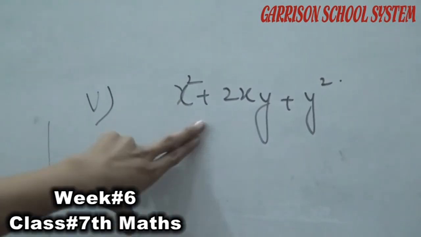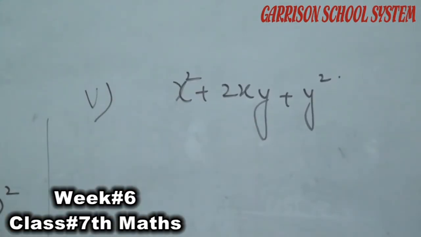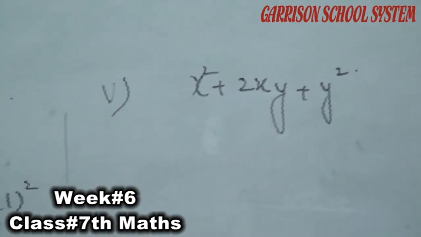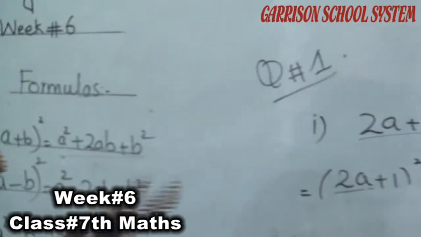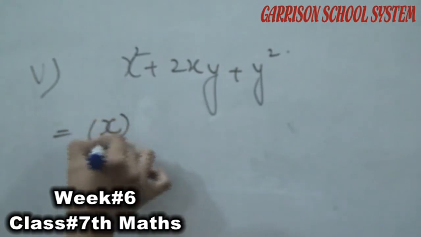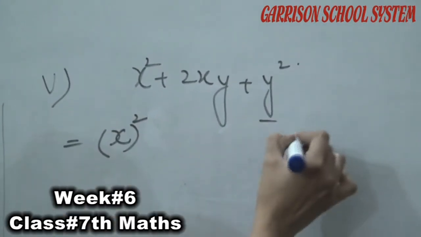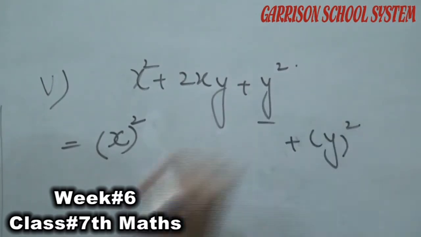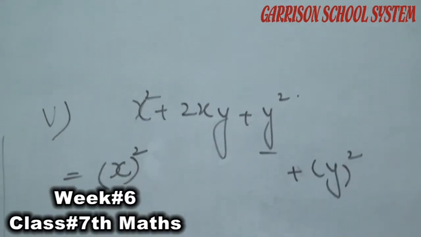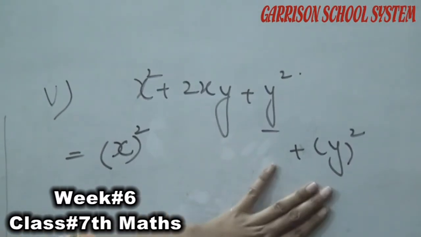Question number 2, I have to simplify it. This is the open form and I have to close it by using this formula. The first term x square is the square of x, and the last term y square is the square of y.